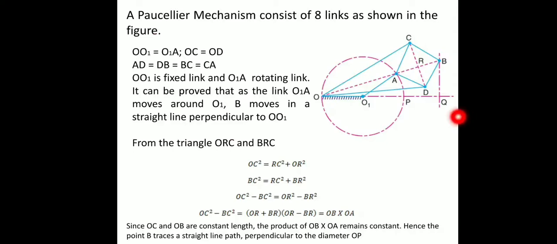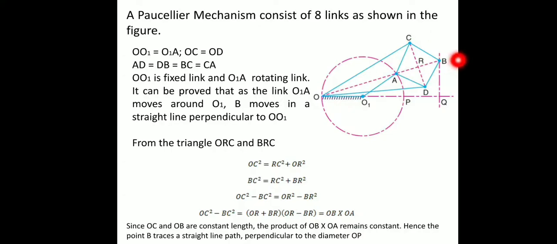Now we will derive how this straight line occurs using a peculiar mechanism. For a mechanism to become a peculiar mechanism, the mandatory thing is that OB into OA should be constant, and OC and OB length should be constant.